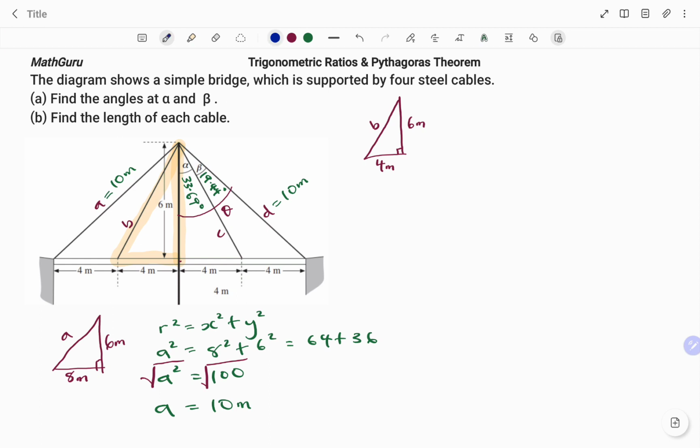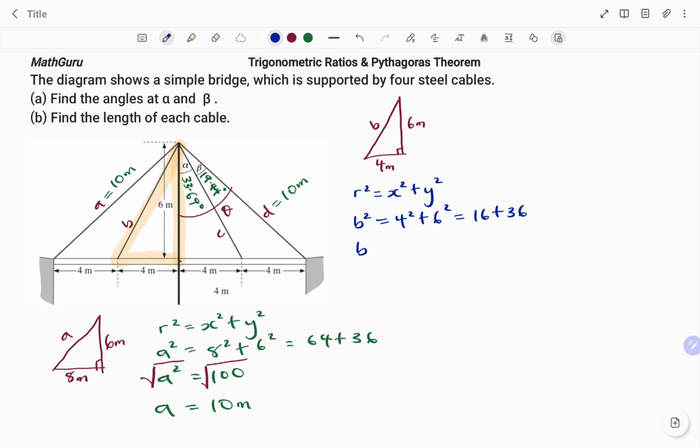Starting with the formula, r squared, that's the longest side, equals the sum of the square of the other two sides. The length of the cable B is my r, so that's b squared equals 4 squared plus 6 squared, which is 16 plus 36.